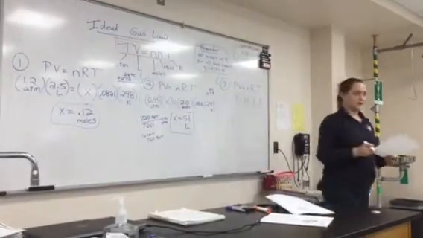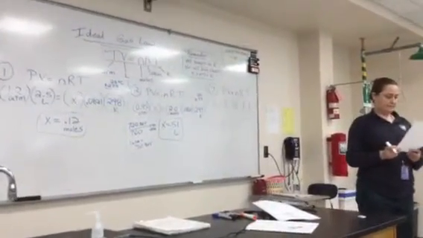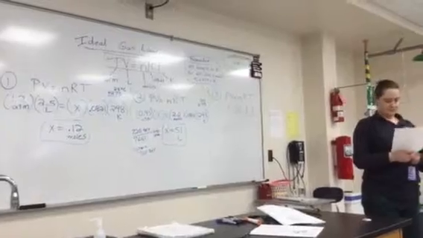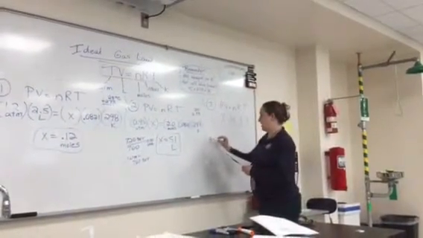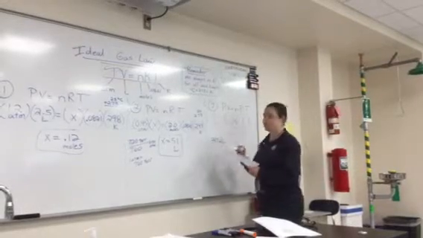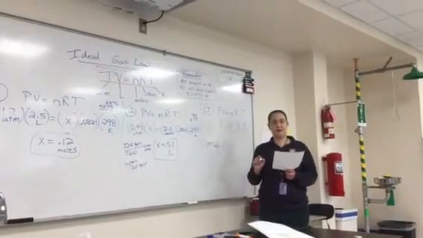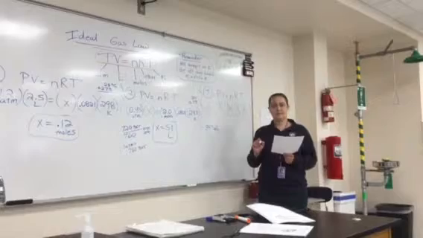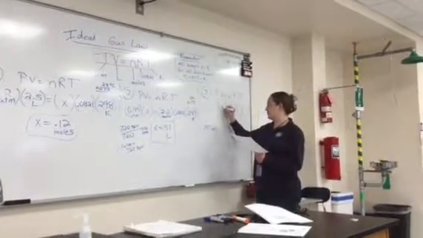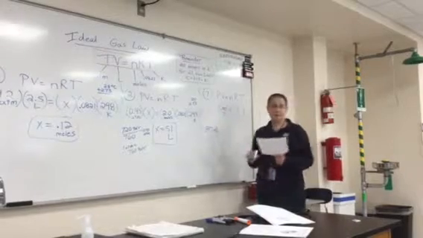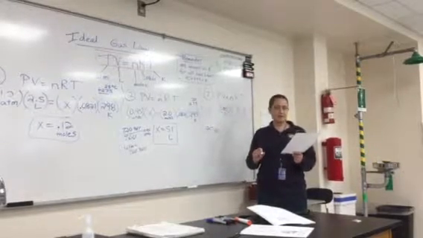Okay, so what's the first number we're going to fill in? 347. Okay, here's the thing, we have 347 milliliters. What are we supposed to use for volume? Liters. So we have to divide by 1,000 or shift the decimal 3 places. 0.347 liters.